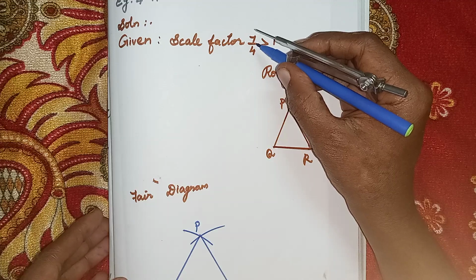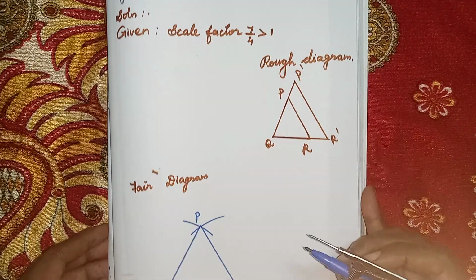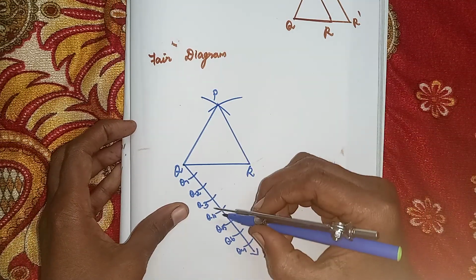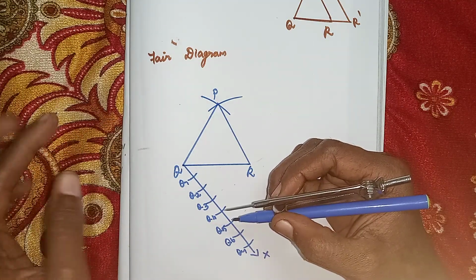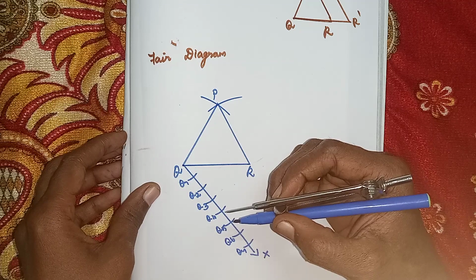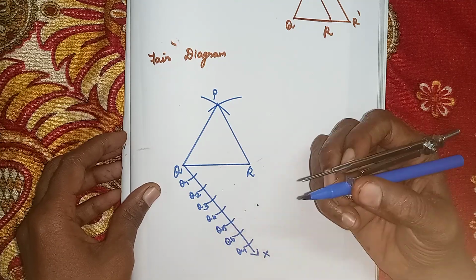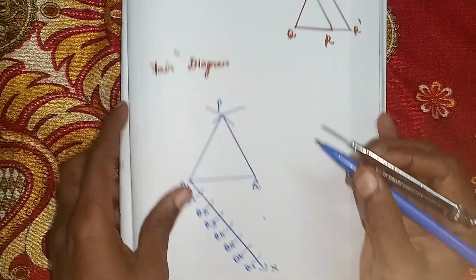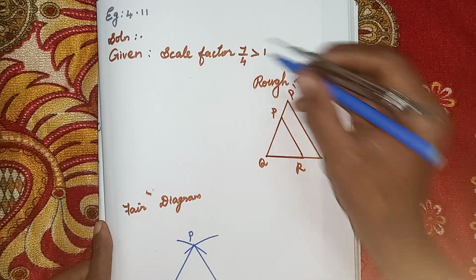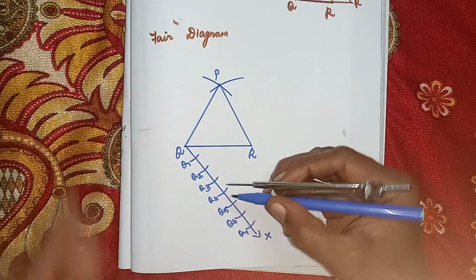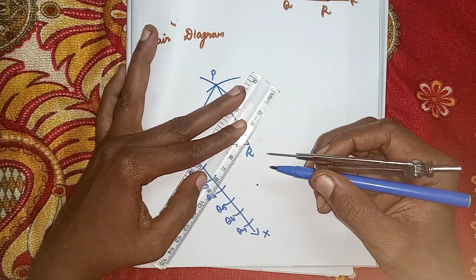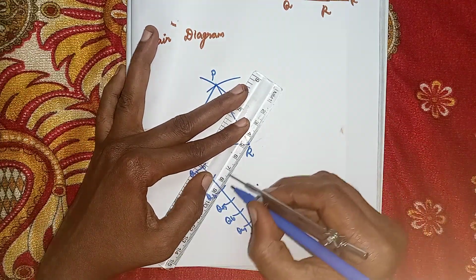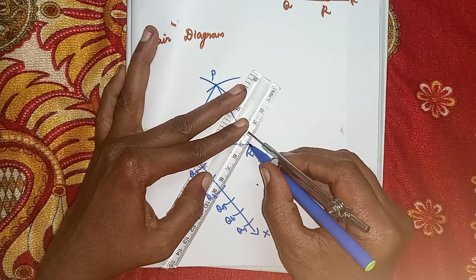So the fourth part you want to join to R. In the previous problem there were 5 parts, and the fifth part is the denominator, so we joined the fifth part. Here the denominator is 4, so this Q4 you have to join to R.